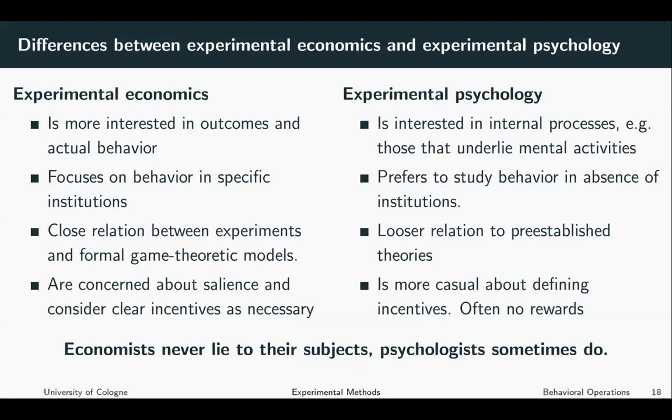Due to this reason, a lot of importance is put on building up a reputation that we never lie. This is, for example, one reason why economists and psychologists typically do not share one laboratory, because it does not work if you sometimes lie to your participants and sometimes you do not, because then they won't trust you when you claim that you're not lying to them.